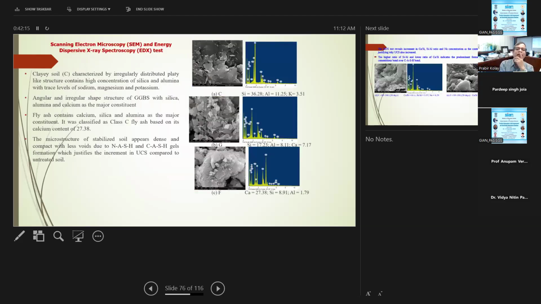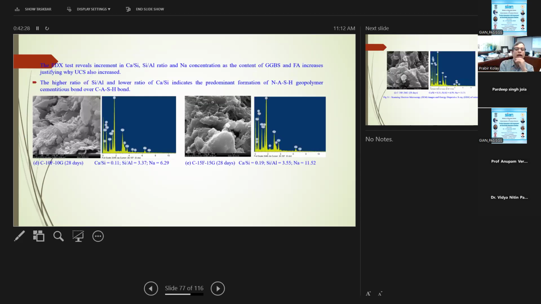And then again, this is the scanning electron microscope image of the pure clay. This is GGBS, this is fly ash particles, and then with 28 days, the 10% fly ash, 10% GGBS, it looks like much more condensed structures with less voids, because of the formation of either calcium silicate hydrate or calcium aluminum silicate hydrate.